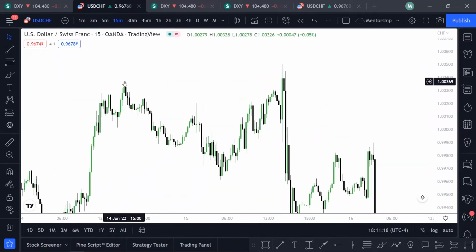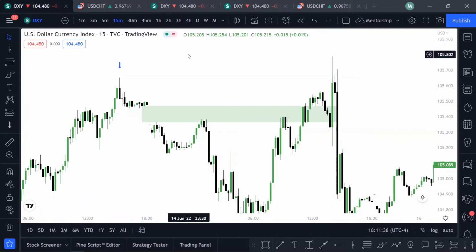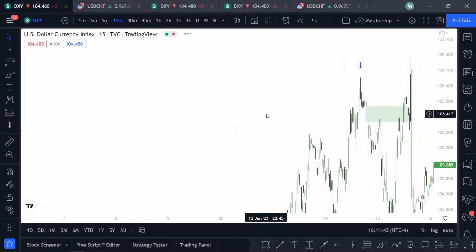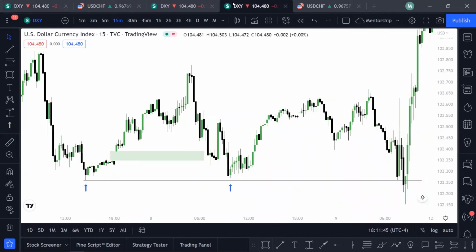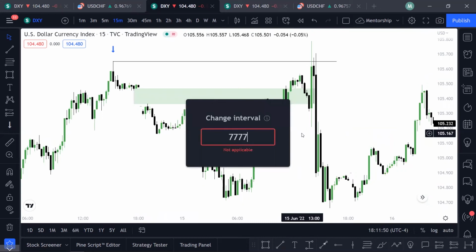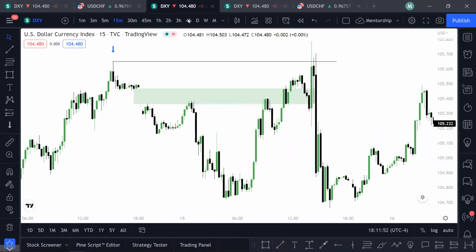We trade above this high. On which day? We trade above this high on June 15th. Whereas on June 15th on the dollar index, let me give it a daily chart time frame rather.